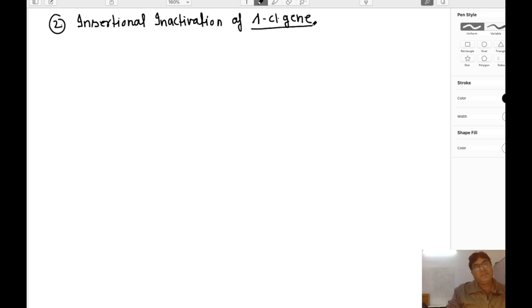Now this lambda CL gene is a special gene which is present at the map unit 38 in the genome of the lambda phage.